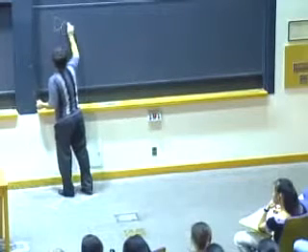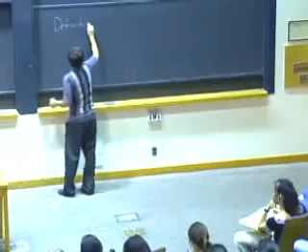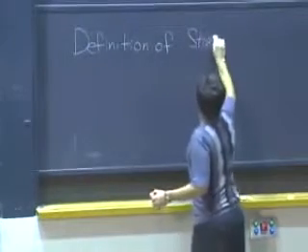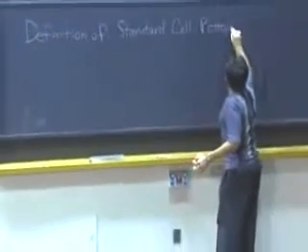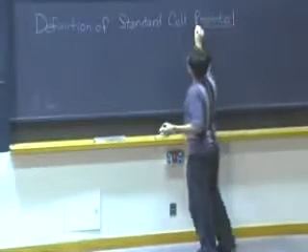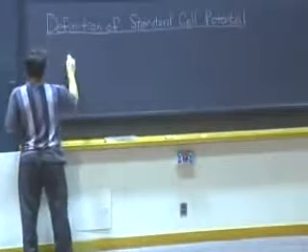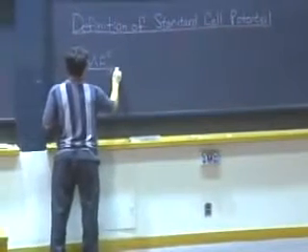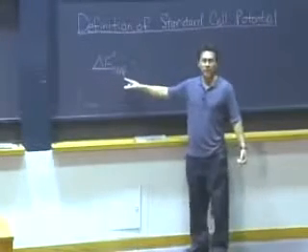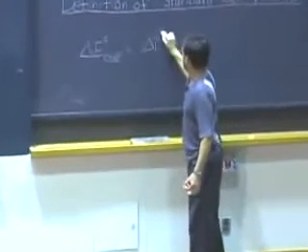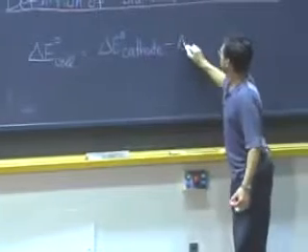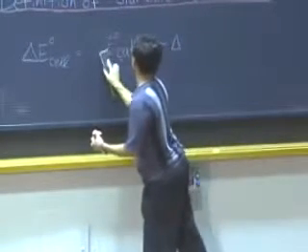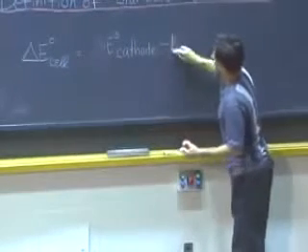So over here, we want to write the definition of standard cell potential. And that is delta E0 for your cell is equal to E0 for your cathode minus E0 for your anode.